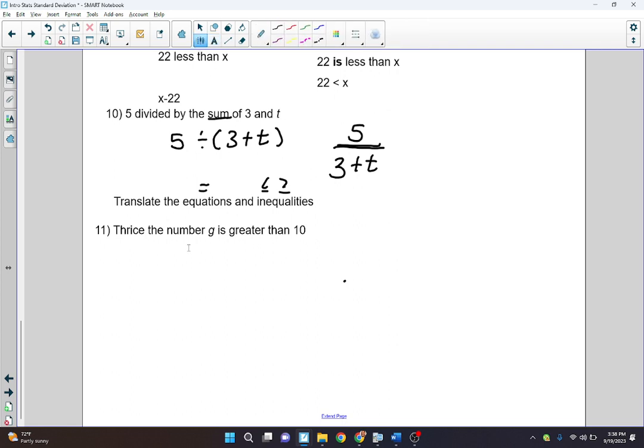So in this situation, thrice the number g. Thrice tells me 3 times. So 3 times g, it is greater than, so greater than 10. Thrice the number g is greater than 10. 3g is greater than 10.